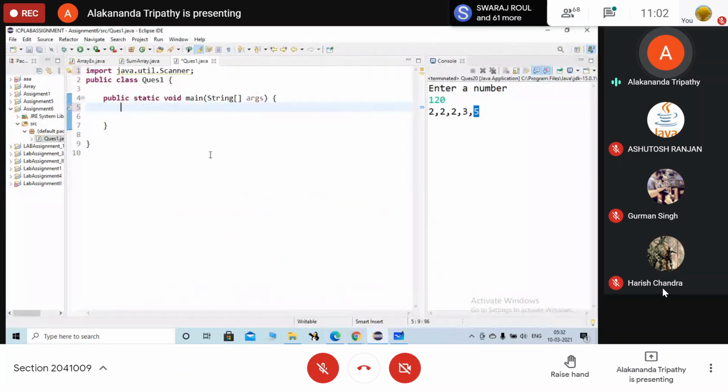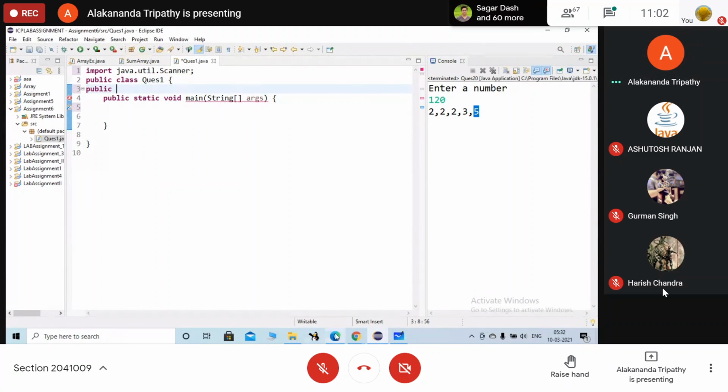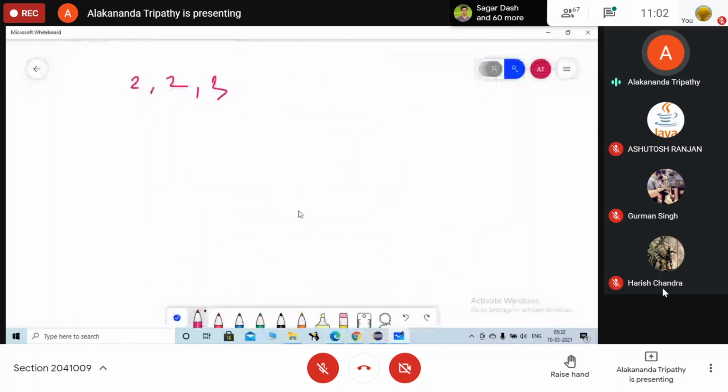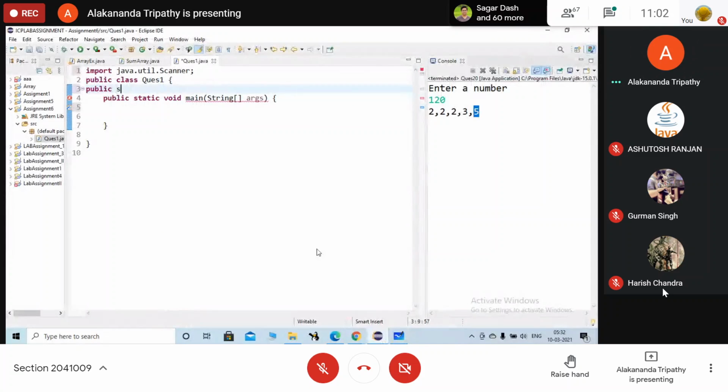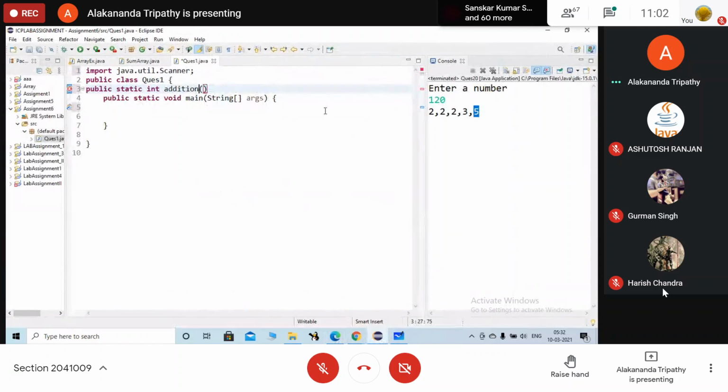I am showing you one question. What will you do here? Public, the method name here is integer. Public static int addition simple, int x comma int y.